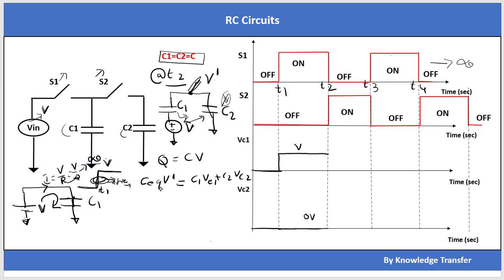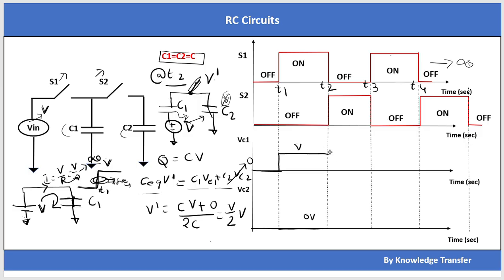This is simply charge distribution, so C1 is C and VC1 is equal to V volt, plus C2 is equal to C, but VC2 is 0 volt, so that term becomes 0, divided by C equivalent, which is 2C, because these two are in parallel. So the V dash will be V by 2 volt.